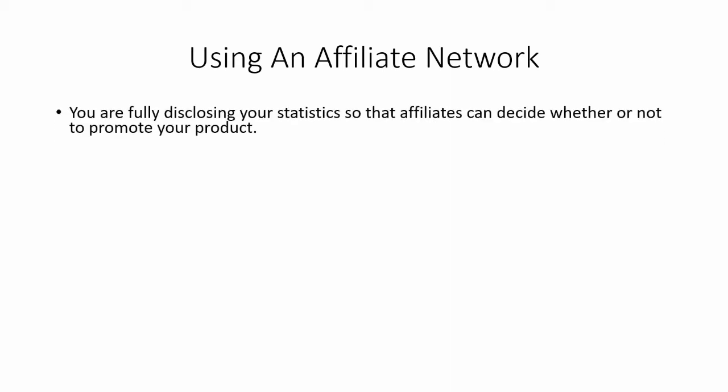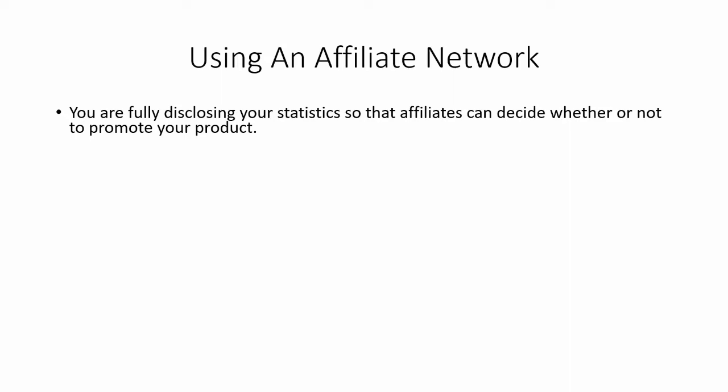Let's talk a little bit about using an affiliate network to sell your product. Okay, one of the things about using an affiliate network is that you are fully disclosing your statistics, right? What you're trying to do is make sure your affiliates see how well your product is selling, because that is how they're going to determine whether or not they're going to promote your product.